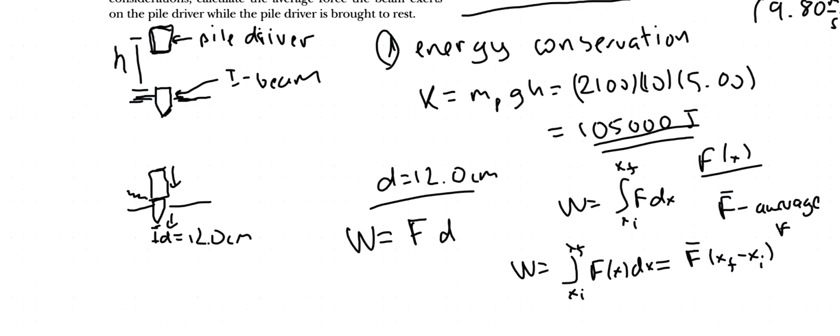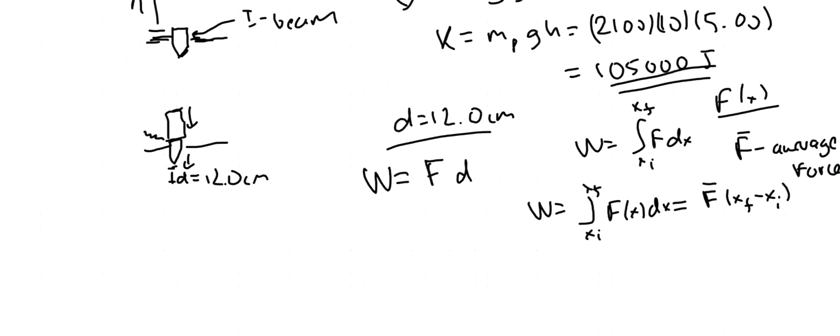That's the average force. Okay, so what we can do is that we have the work, and what we want is the average force, and we have the displacement, which I indicated here, the depth to which the object goes, which is 0.12 meters.